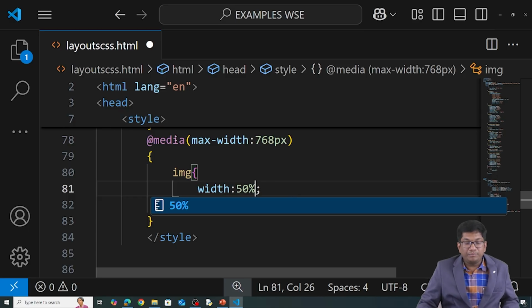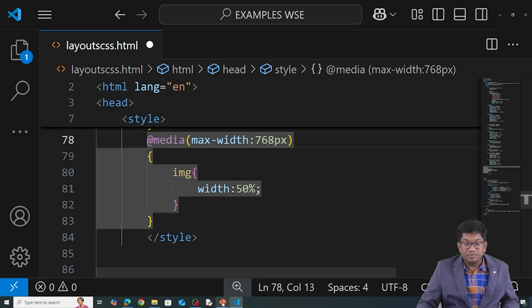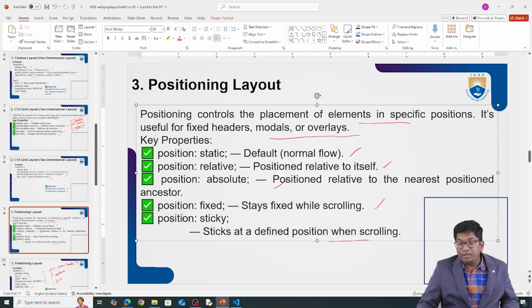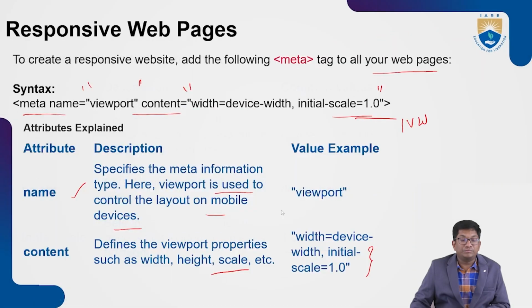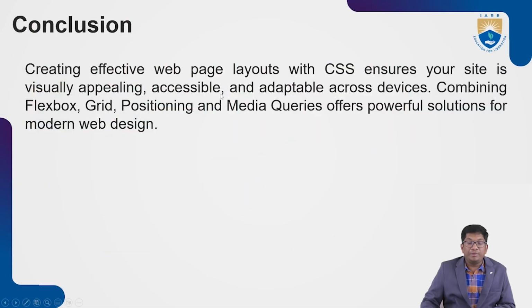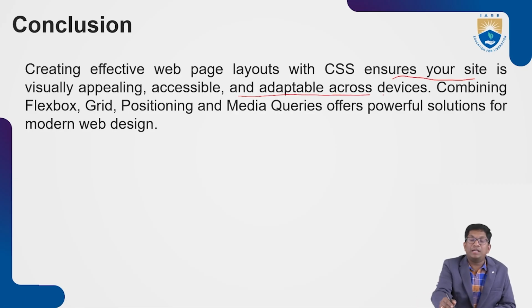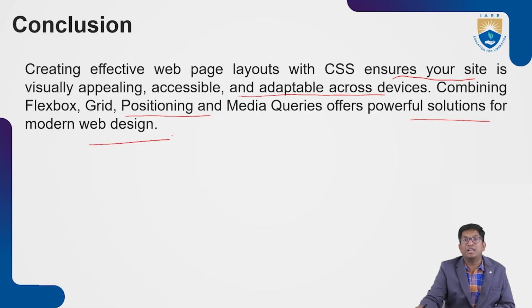That is the use of @media using HTML, CSS. At the end, creating effective web page layouts with CSS ensures your site is visually appealing, accessible, and adaptable across devices. Combining Flexbox, grid, position, and media queries offers powerful solutions for modern web design.